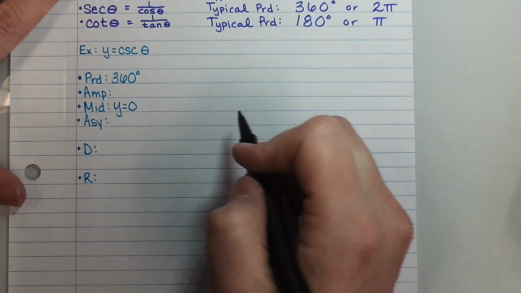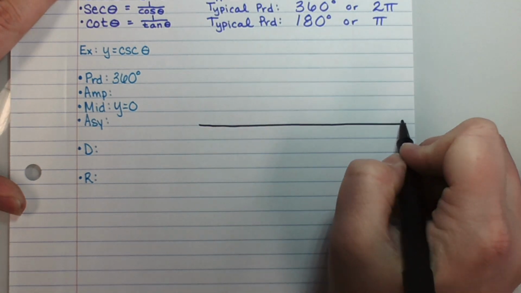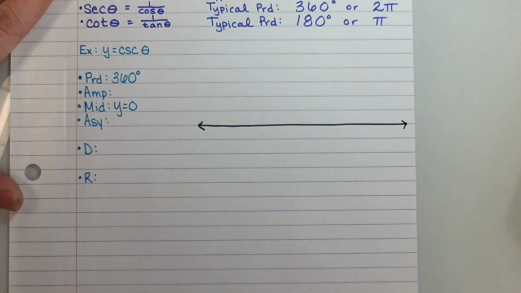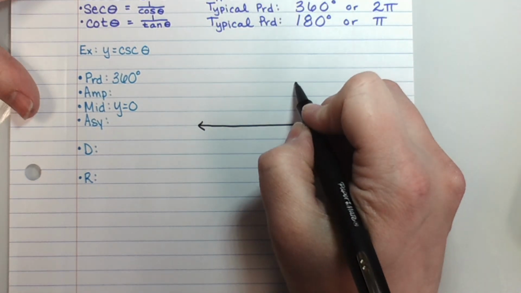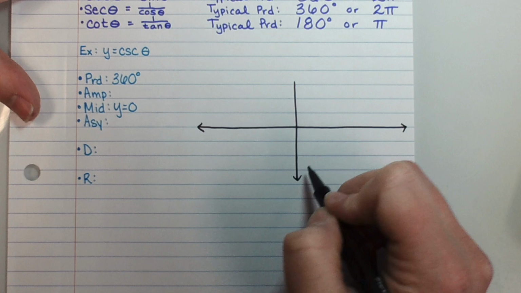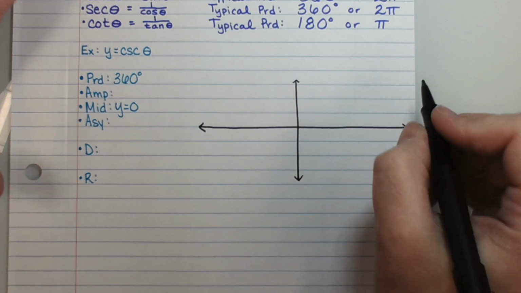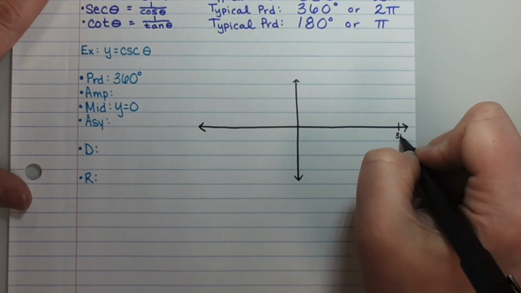I'm going to jump to my axis already, because we know some things about how we typically label our graph. We know that if the period is 360 degrees, then on my theta axis on the far right side I put 360.